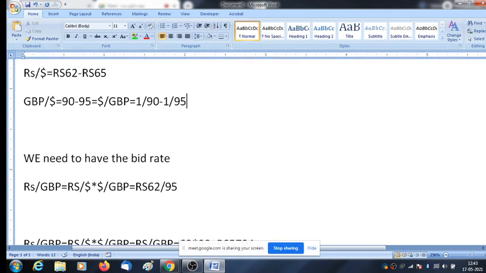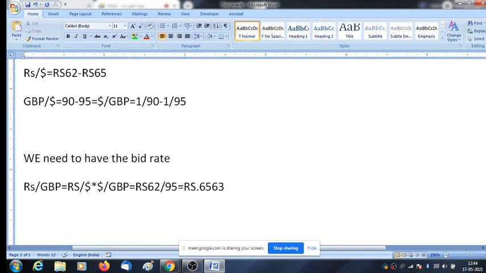Because these concepts are not at all easy, because these are from practical concepts. So try to understand. Any question, feel free to ask me, Jyoti and Poonam and Nisha. So it will be 62 divided by 95, rupees 0.6563.